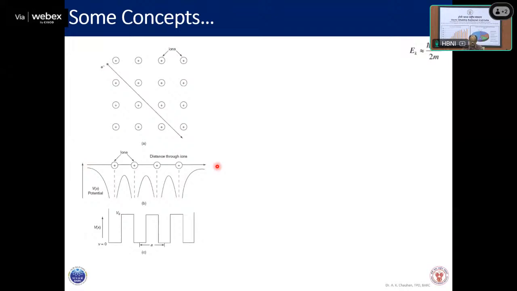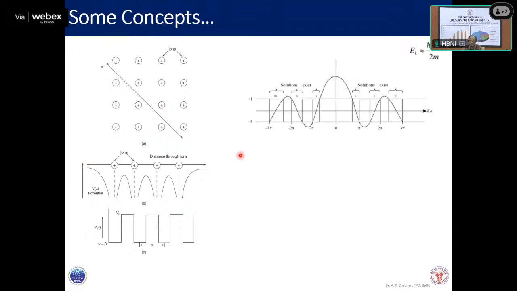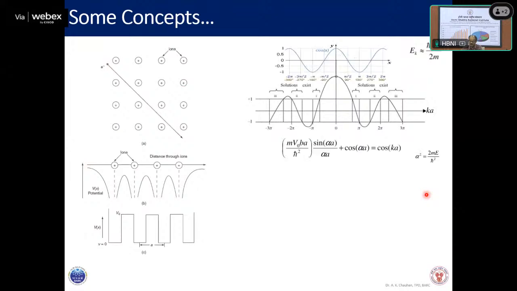So you write a Schrodinger equation and solve this quantum mechanically by various approximations. You will find the solution of this particular problem, when the electron is moving inside this periodic potential, will be like this, and mathematically it is like this.